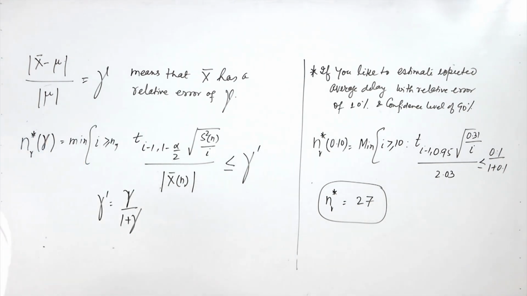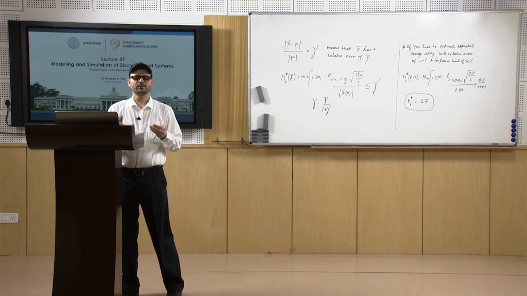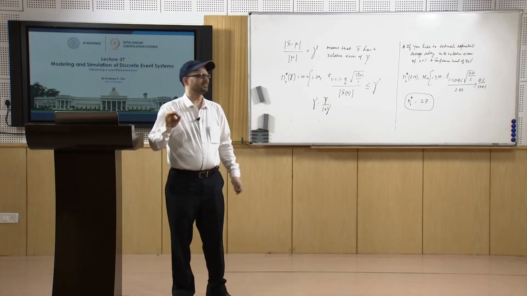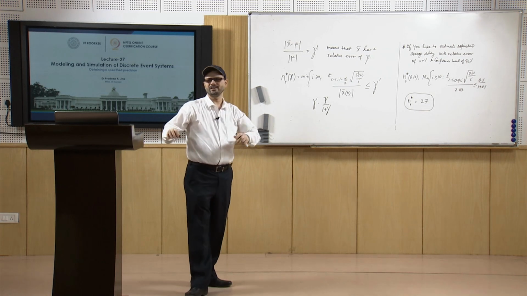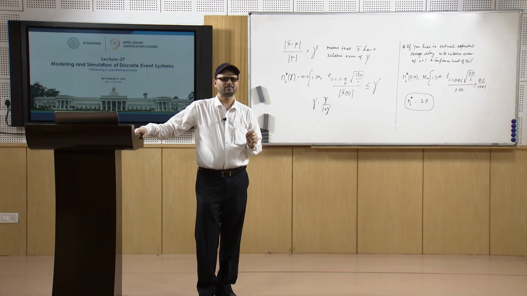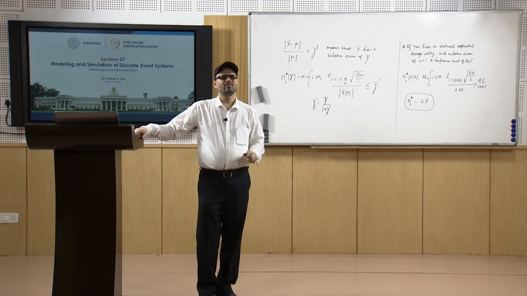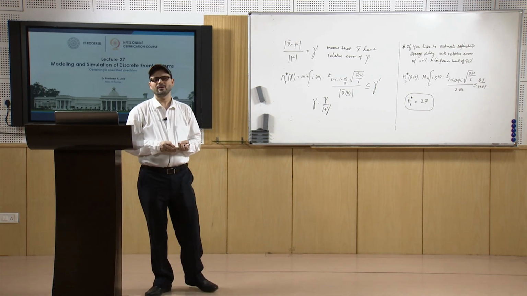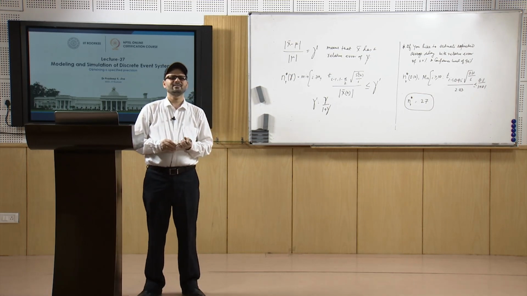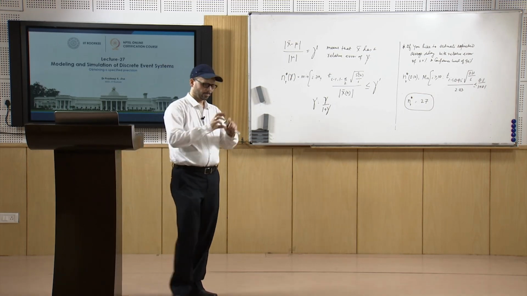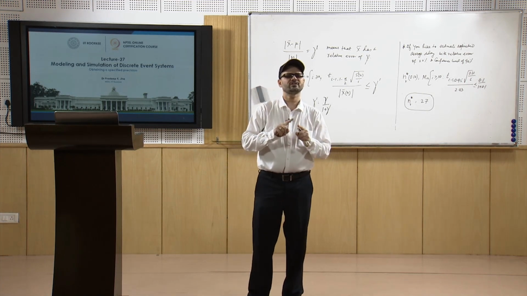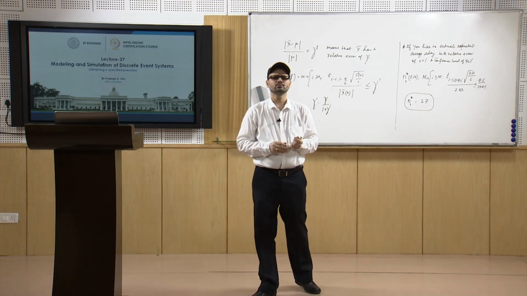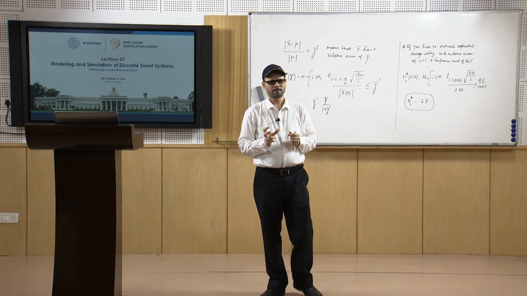So, what we see is that when we do fewer replications, as we tried initially with 10 replications, n was 10. For that, with a sample mean value of about 2.01, you had the half length coming out to be 0.32.